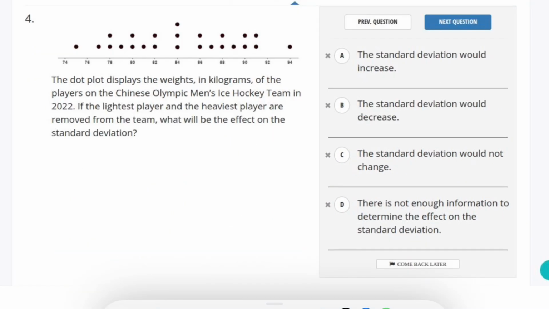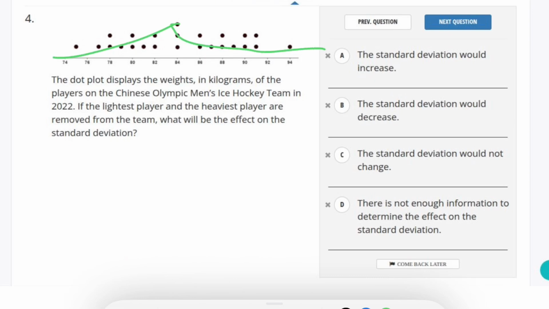Question number 4. The dot plot shows the weights in kilograms of the players on the Chinese Olympic men's ice hockey team in 2022. If the lightest player and the heaviest player are removed from the team, what will be the effect on the standard deviation? Standard deviation is how much the data is spread out.